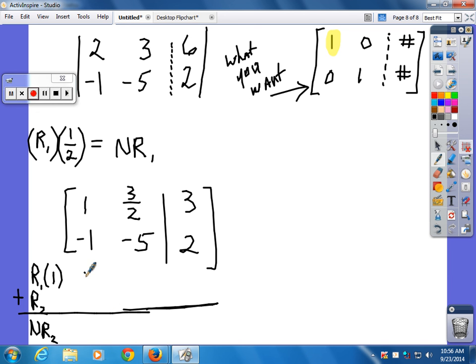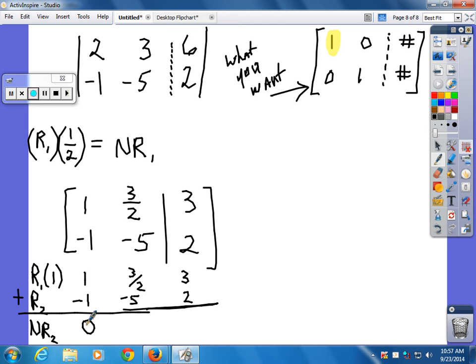But you're going to get 1, 3/2, and 3, and then you're going to add -1, -5, and 2. And what happens here? There's that 0 we need. We want a 0 here, so that's how we're turning this -1 into 0 by doing this.